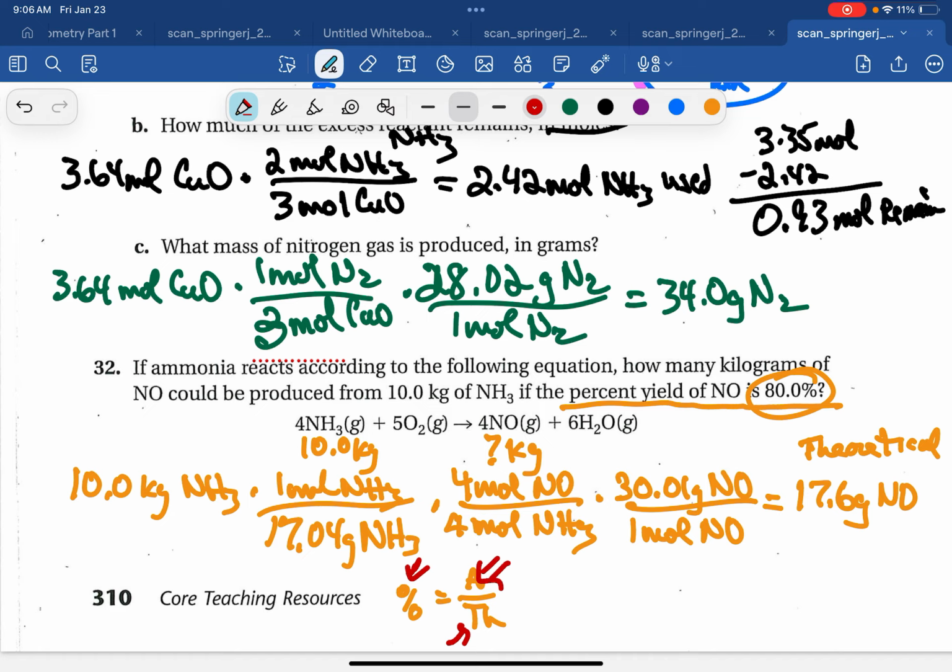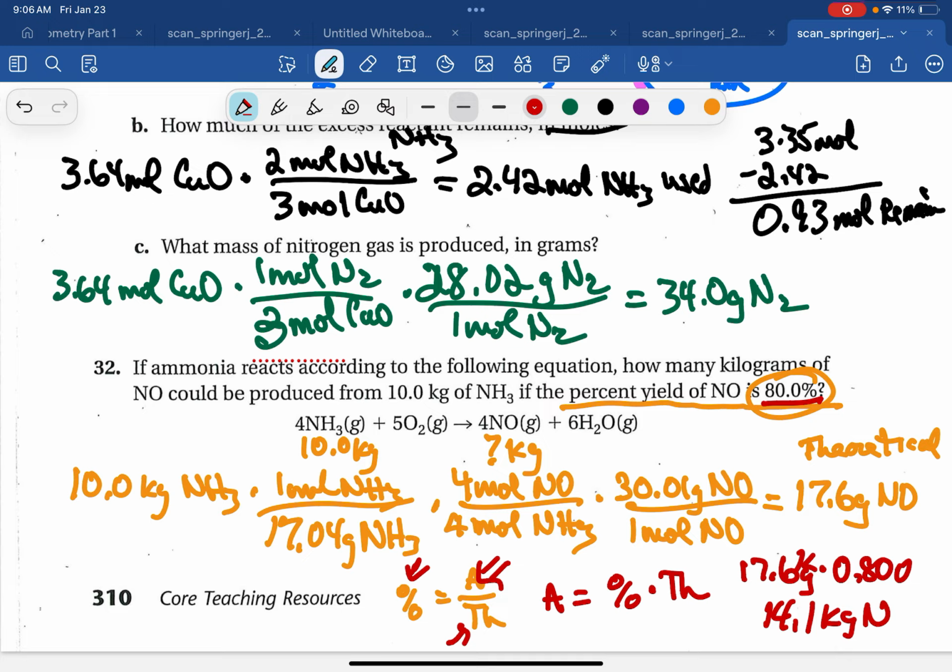So if I do some algebra, actual would be percent times theoretical. So I'll take my 17.6 times 0.80, because it's 80%. So 17.6 times 0.80, 14.1 kilograms. Kilograms NO that are actually made. 14.1.